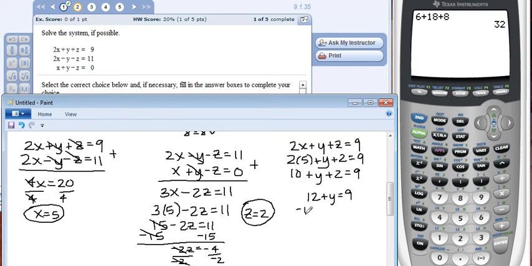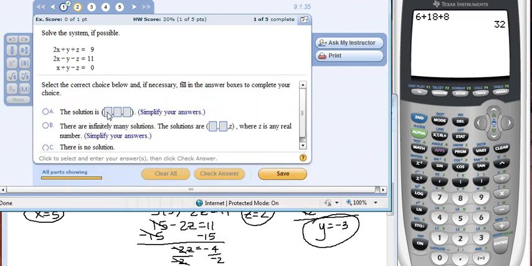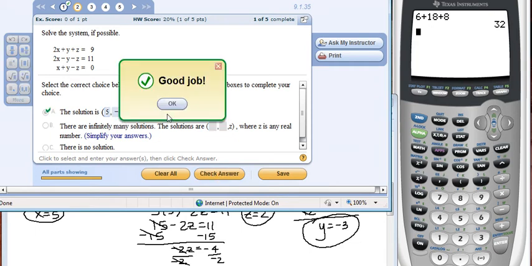So I'm going to subtract my 12 across. This is really good practice as far as solving goes. So y is equal to a negative 3. So we have our solution, 5, negative 3, and 2. Good job.